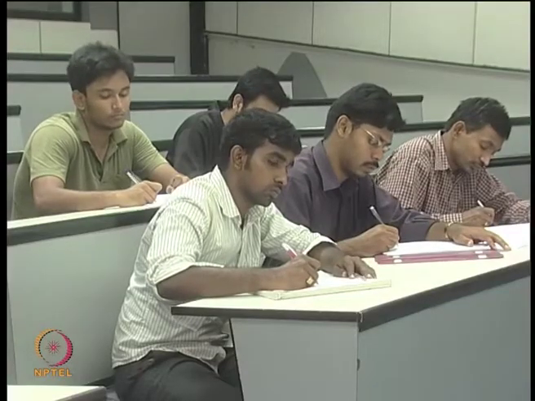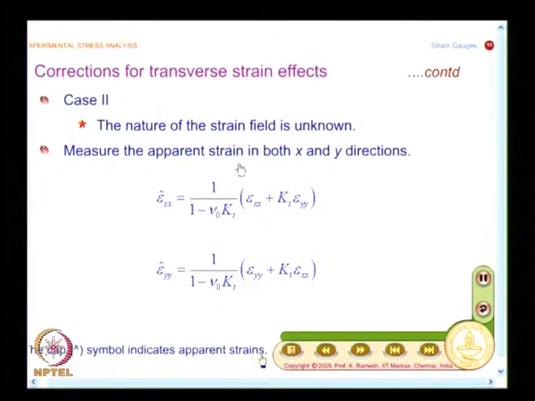We need to qualify it better, find out whether we have accommodated the errors, whether we have been able to correct them, then get the actual strain. Since in this case I do not know the nature of the strain field, in order to account for transverse strain effects, you measure the apparent strain in both x and y directions.